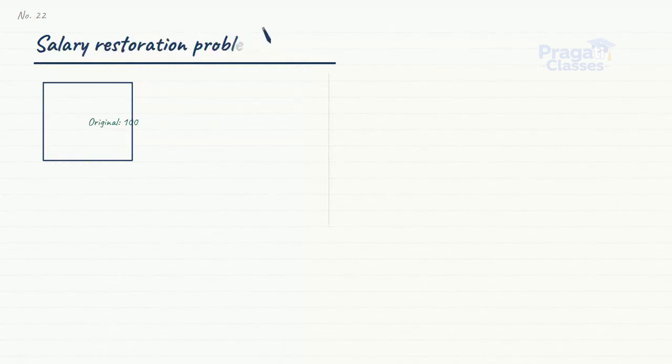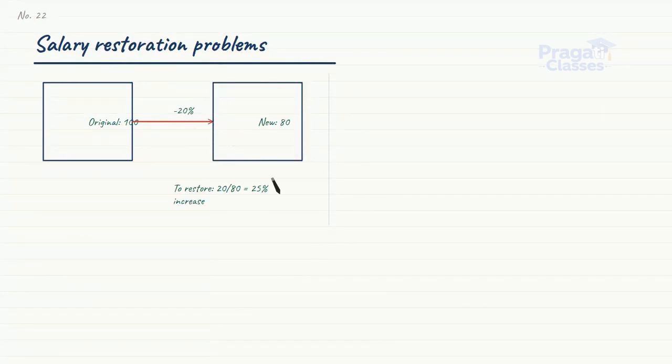So an increase followed by a decrease doesn't get you back to square one, but what percentage would restore the original? That's a salary restoration problem. Picture it this way. Imagine your salary drops by 20% from 100 to 80. Now your boss feels bad and wants to put it back to 100.